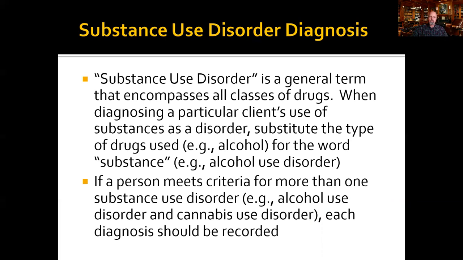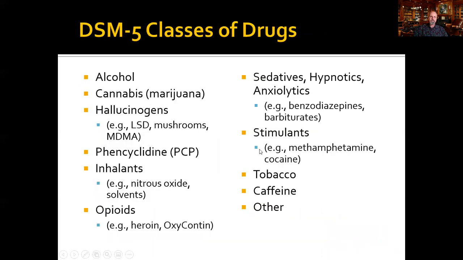So it's not a substance use disorder if the person's been using alcohol, it's an alcohol use disorder. And then if the person meets criteria for more than one substance use disorder, they have an alcohol use disorder and a cannabis use disorder, then each of those two diagnoses should be recorded.